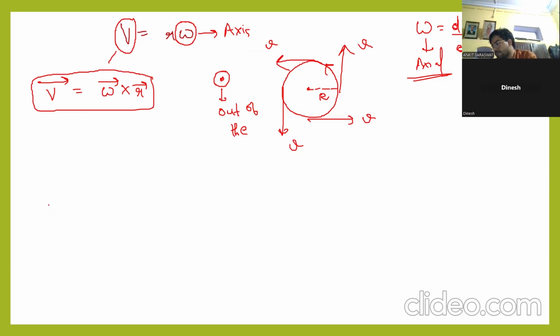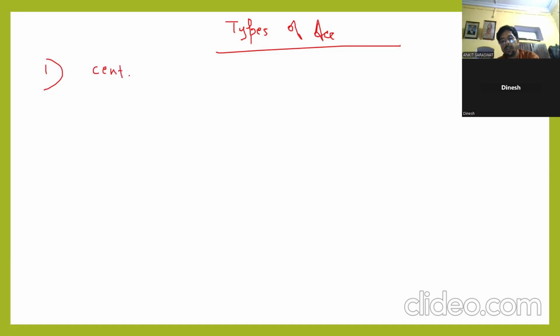After this, write down types of acceleration. One minute. Write down types of acceleration. First is centripetal acceleration.